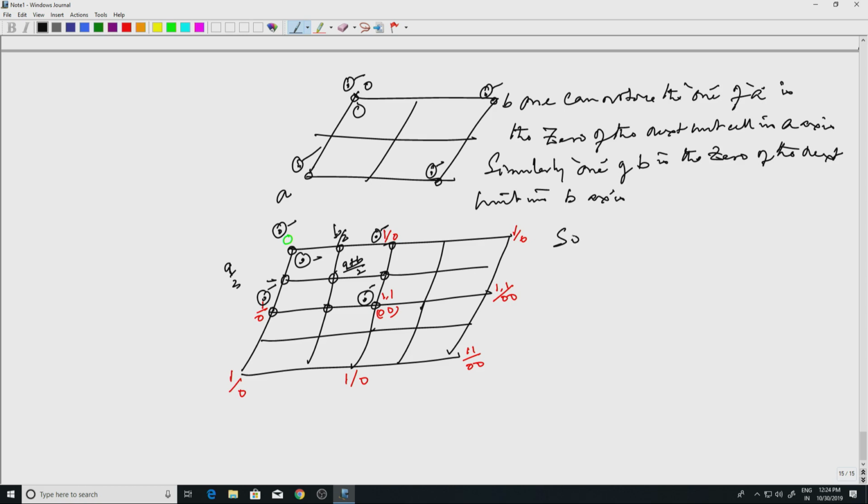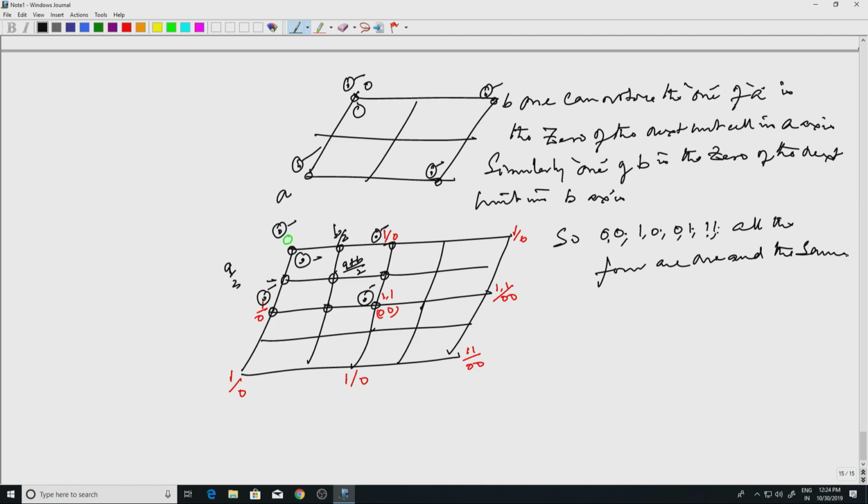So 0 0, 1 0, 0 1, 1 1, all the 4 are one and the same.